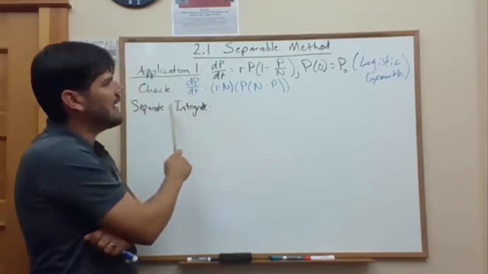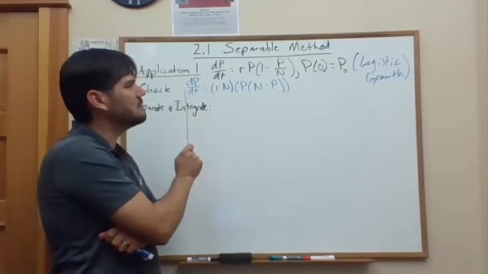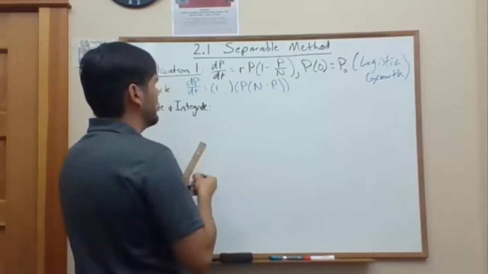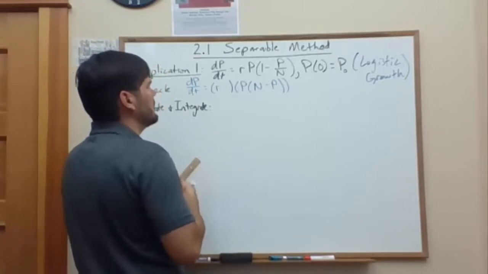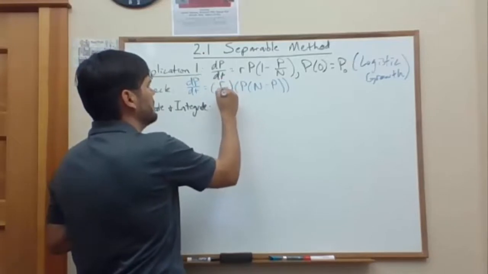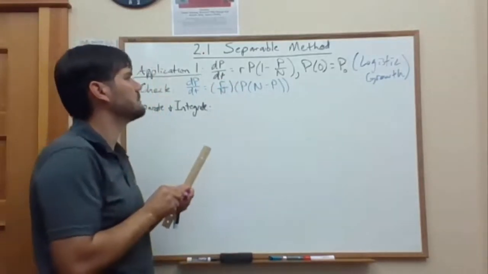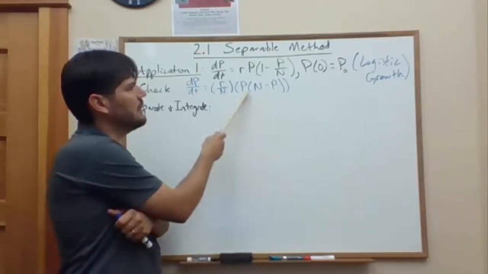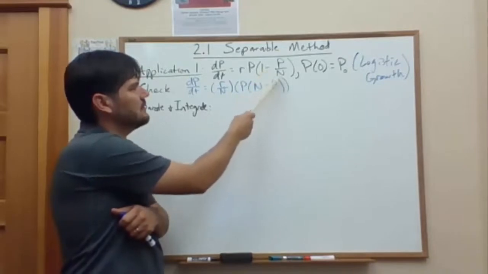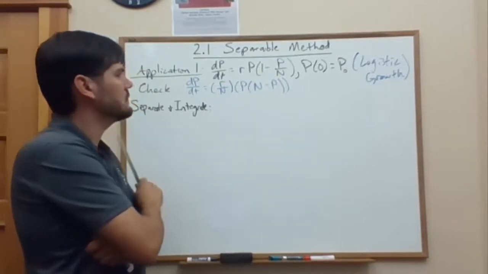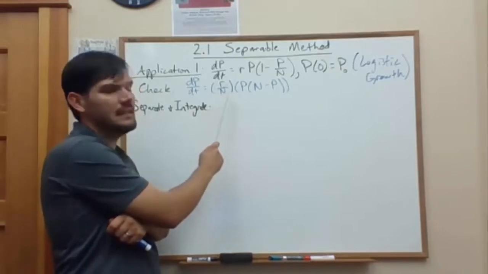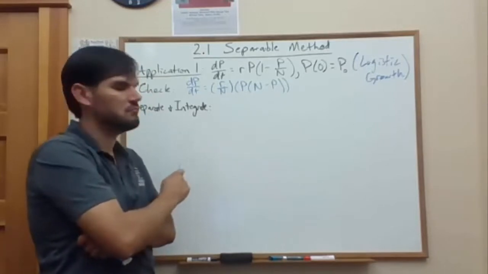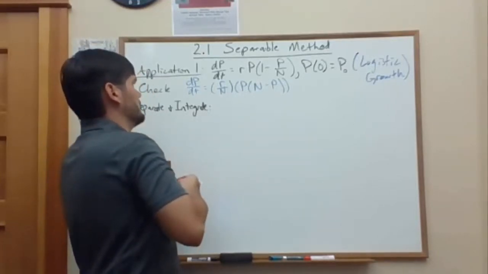I pull out the r, and I'm also going to factor out a 1 over N. So that should be r divided by N right there. And when I factor that out, I'm left with a P and an N minus P. So I have the function of t, essentially the constant function, and the function of P, the dependent variable. So let's check. That works.